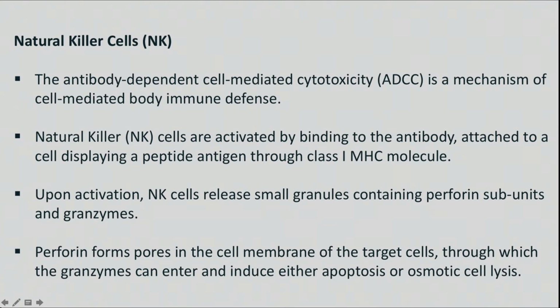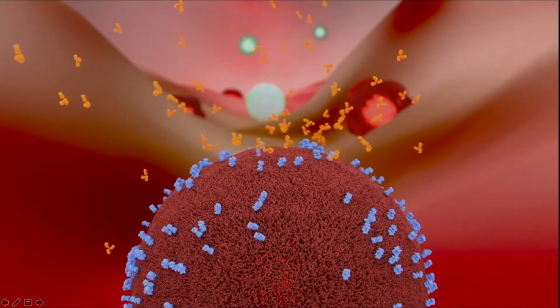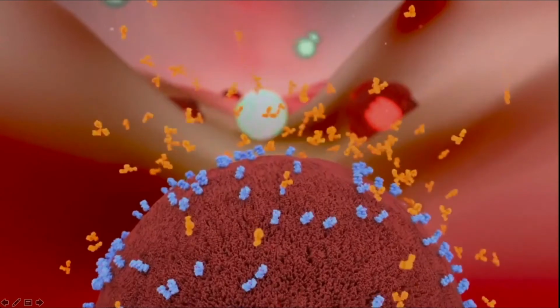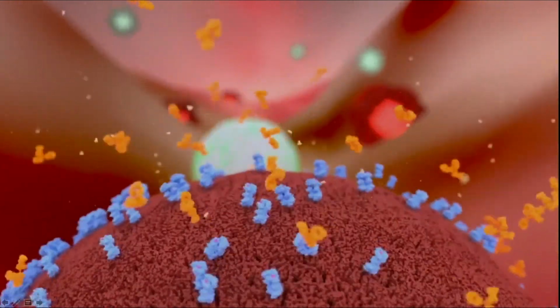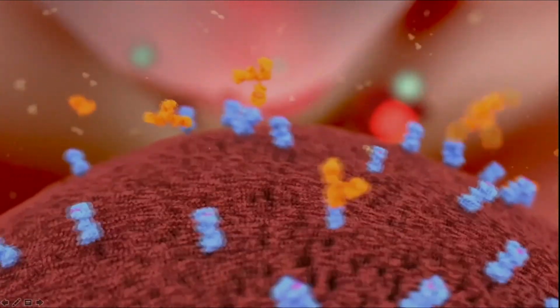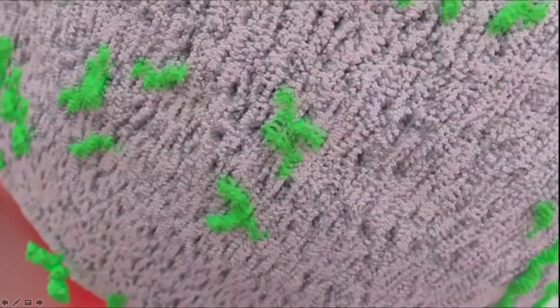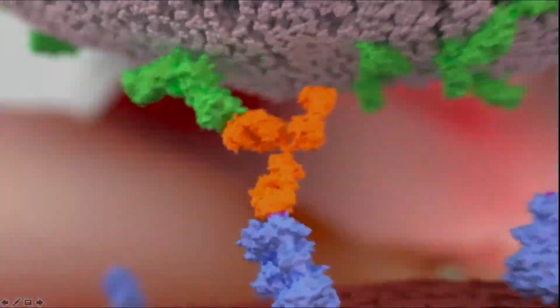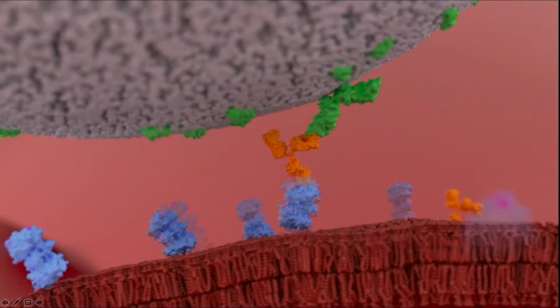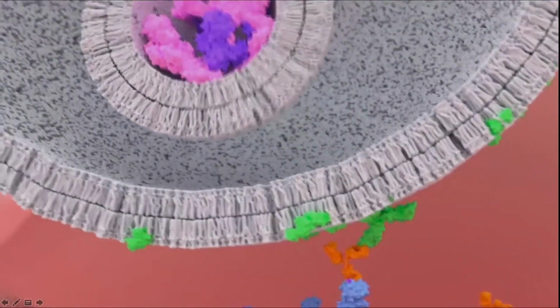Best to just show you an animation here of how this works. That is a cancer cell, and we see antigens being expressed on its surface. In white, we'll see the natural killer cell. It's going to bind using a receptor. And when it does, it's going to penetrate the cancer cell wall and deliver its payload.